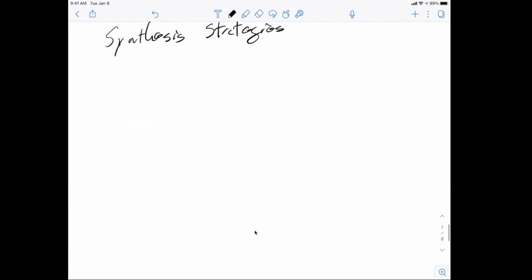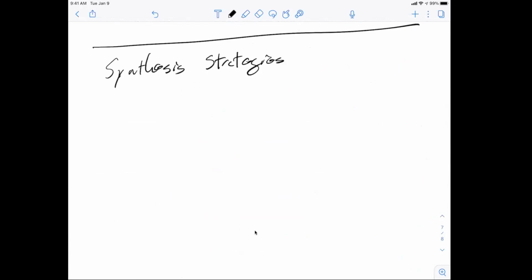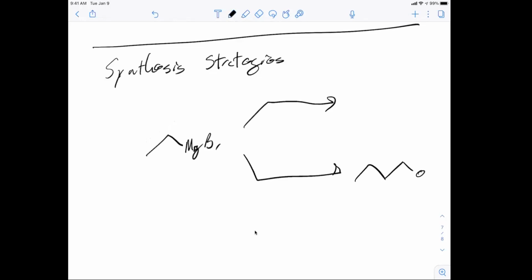So one of the big synthetic strategies out of this chapter we've already alluded to is, how can I look at the possibility of, and I'll just give an example here. How do we go from here to here?